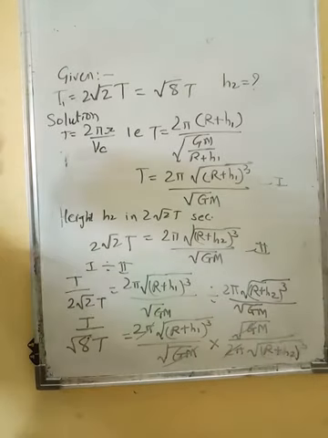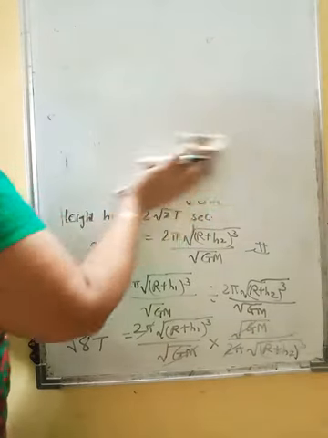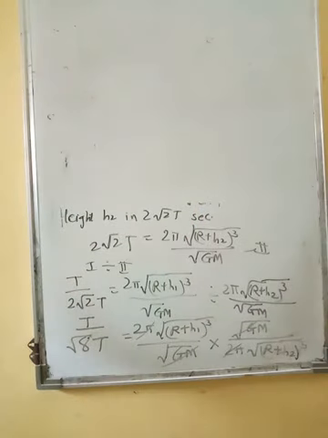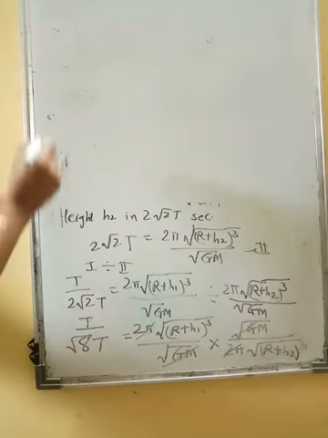So what are you left with? तुम्हारे पास ये t भी कैंसिल हो जाएगा, तो 1 अपॉन रूट 8 बचेगा.